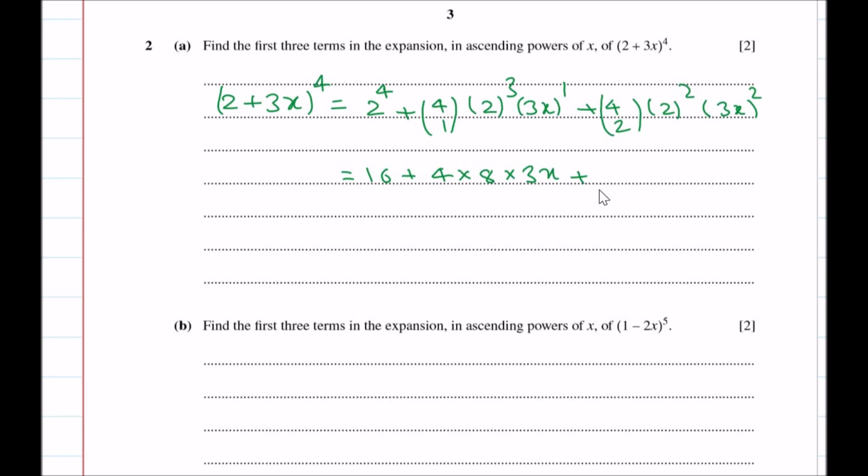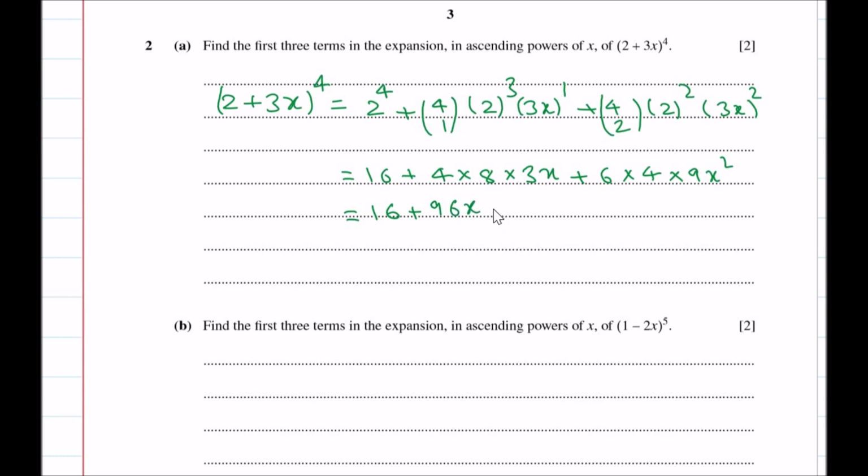Plus 4C2, which is 6, you can find from the calculator, into 2 square, 2 square is 4, into 3x squared, so 3 square 9 and x square. So by simplifying, 16 plus 4 times 8 is 32, 32 into 3, 96. So we will get 96x.